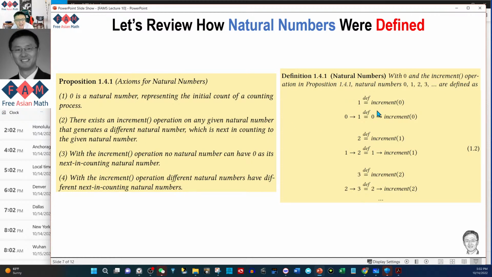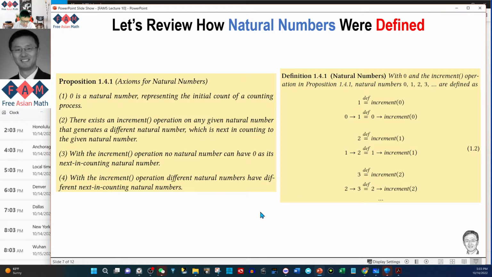That's why we have 0 as the initial number on counting. We start from 0, increment 1, 2, 3. When we do the decrement, we say from 8 to 7, 7 to 6, all the way 3 to 2, 2 to 1, 1 to 0. Then what? Our decrement operation cannot be defined on 0 because there's no previous number.